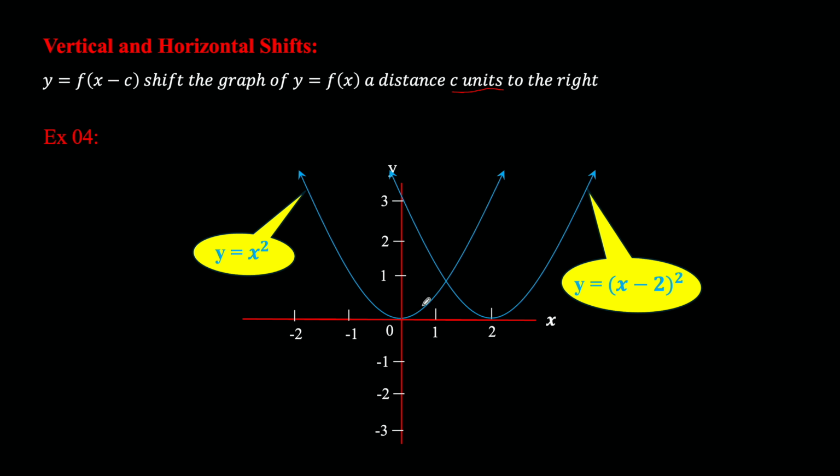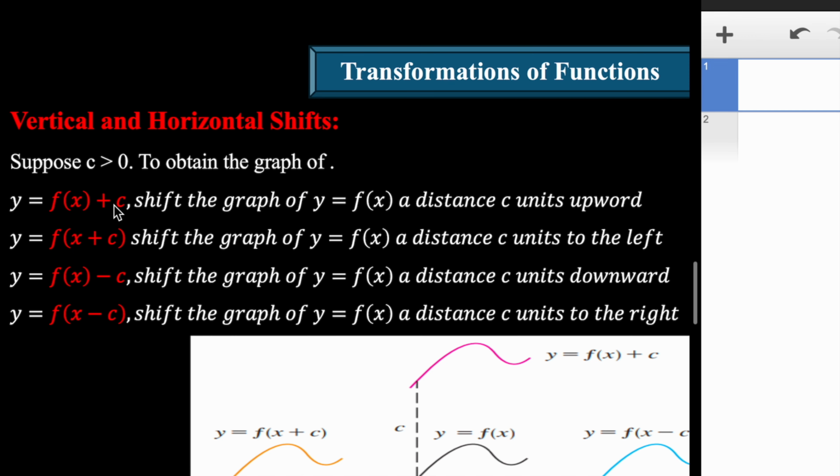You see, our curve moved from x squared. When we added 2, we made the subtraction minus 2, okay? And both of them take the operation of square. So this moves our curve 2 units to the right, okay? So for now we are done with the first part, vertical and horizontal shifts.